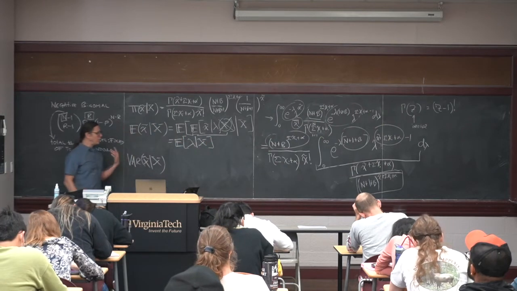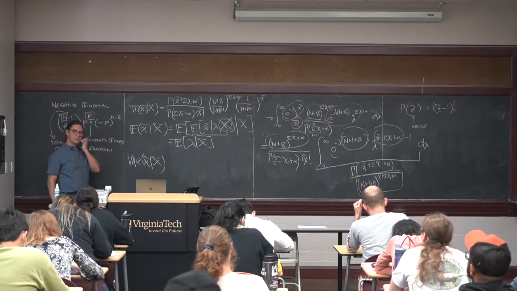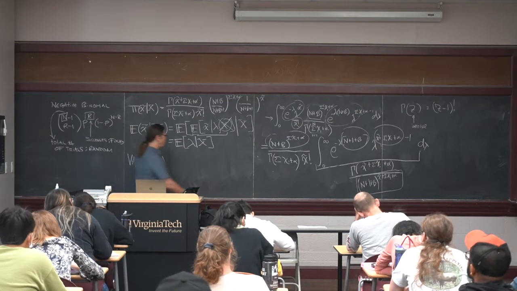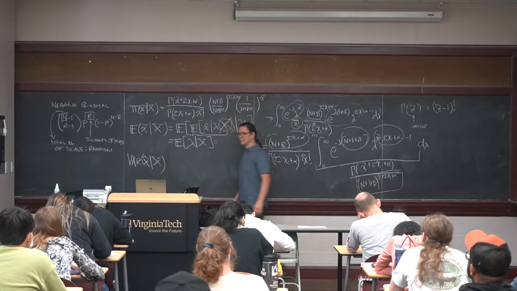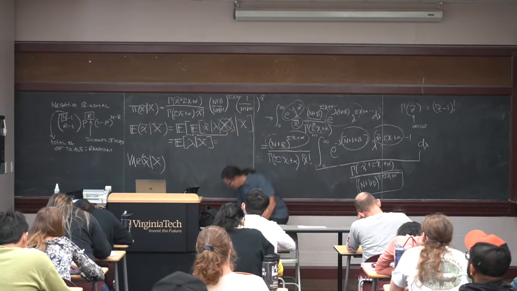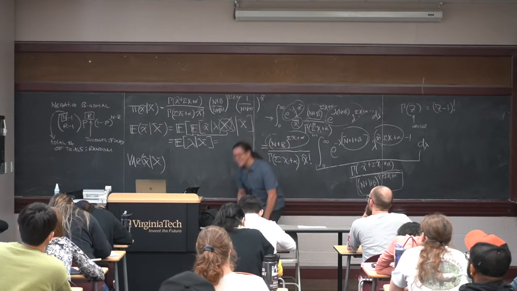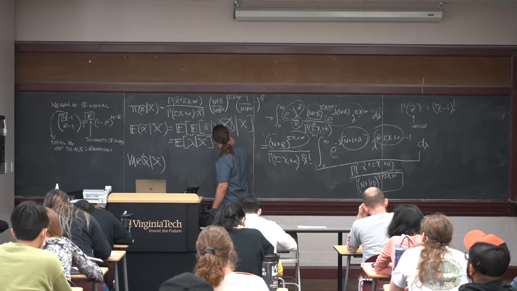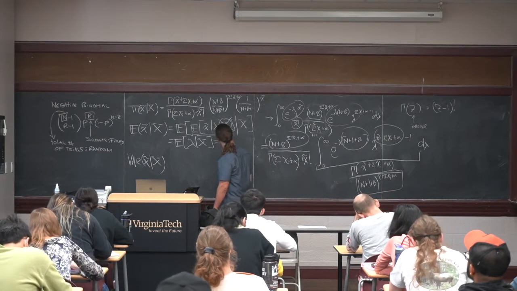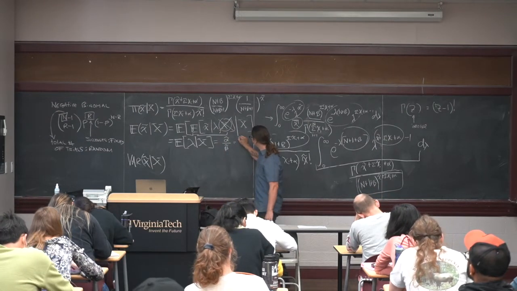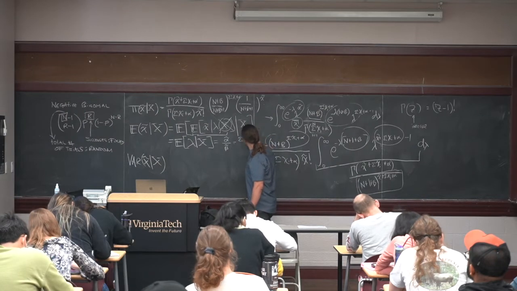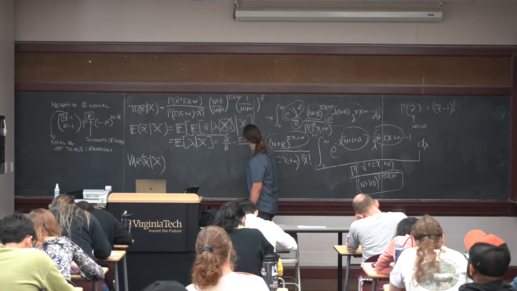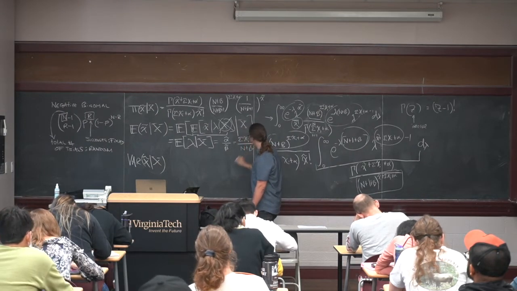And that's the posterior expectation. Do we remember what this is? It's alpha tilde over beta tilde, which was the sum of the xi's plus alpha over n plus beta.